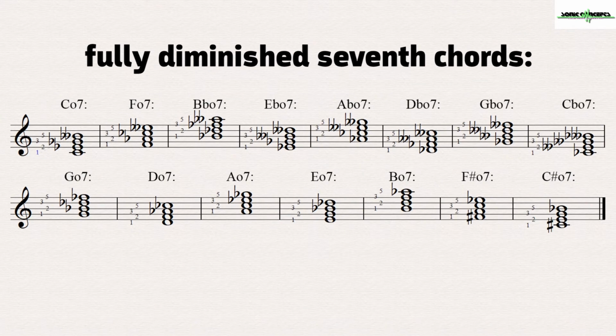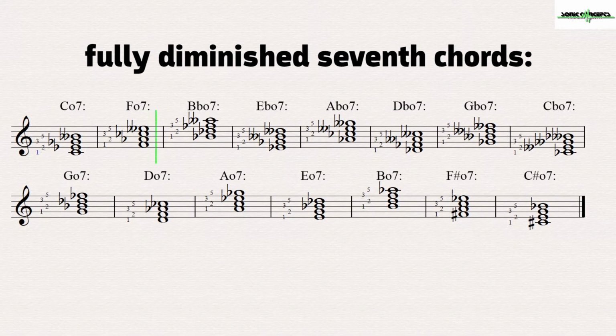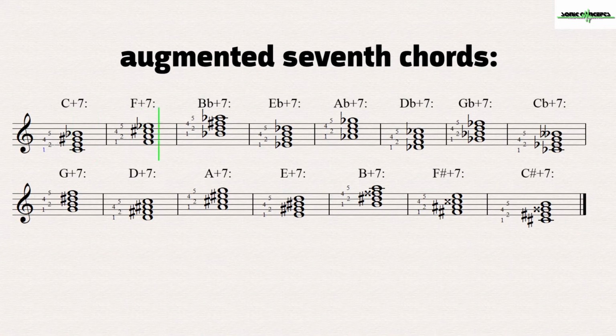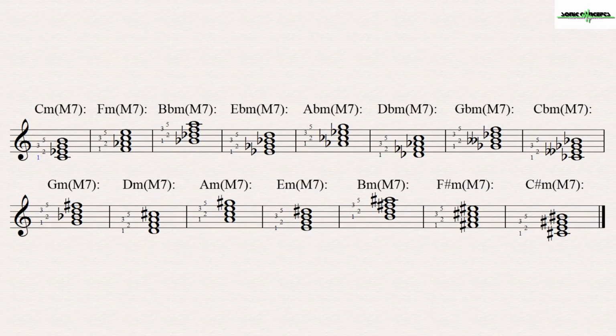These are the fully diminished 7th chords. These are the augmented 7th chords. And finally, here's the minor major 7th chords.